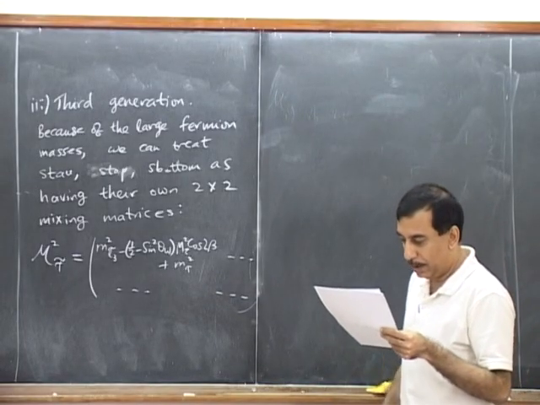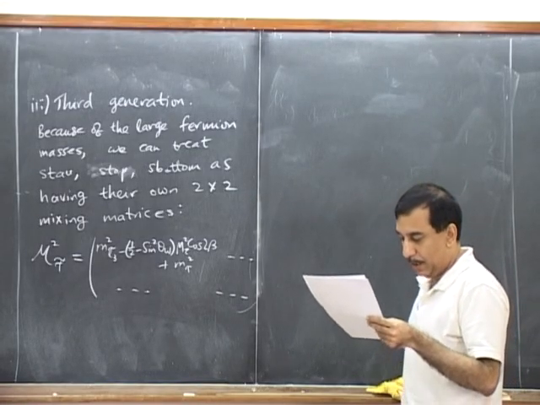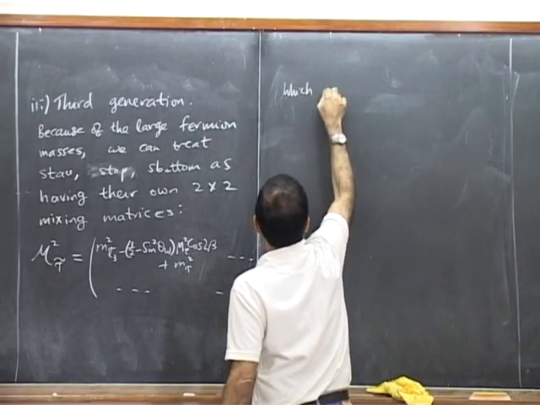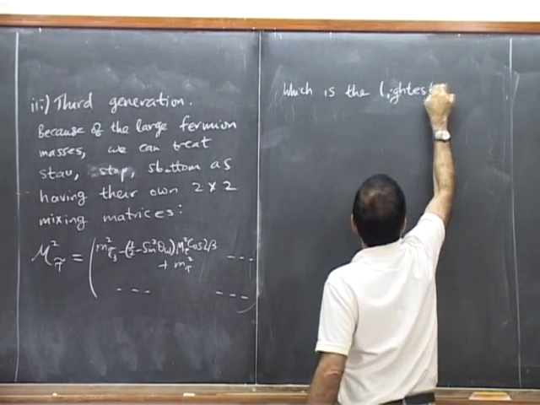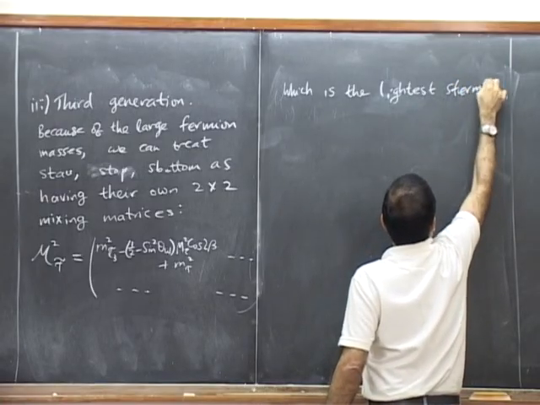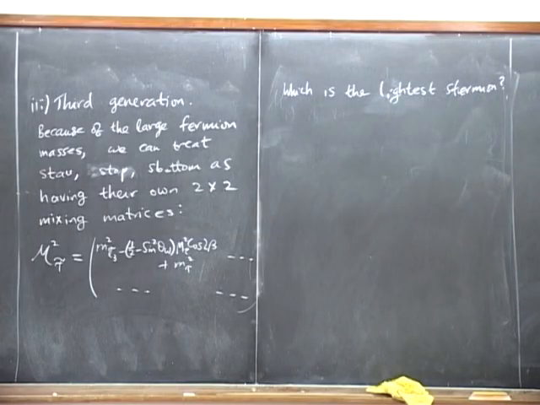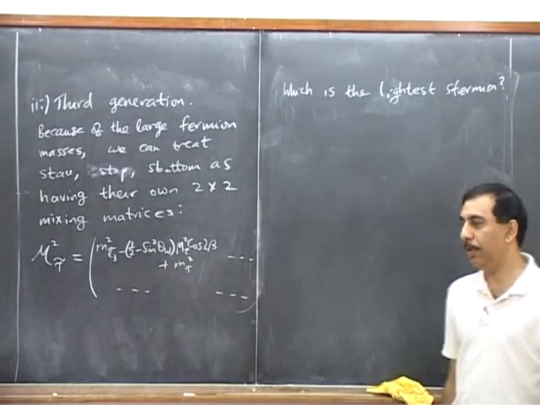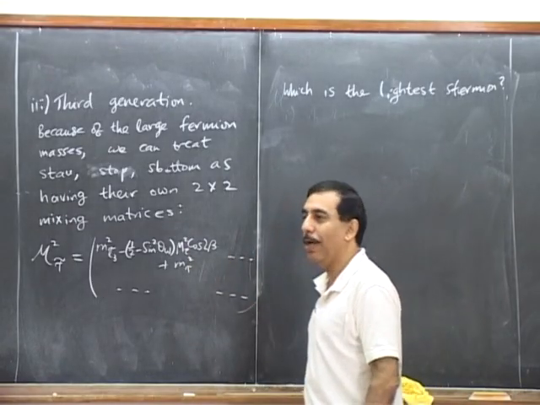Okay. Now here's a consequence of this fact. Let's ask the question, which is the lightest sfermion? This is obviously a question of direct experimental relevance, because it's the one we expect to find most easily. And the point is that if we are allowed to think of these as 2 by 2 matrices, which is true in the third generation, then it's pretty easy to see that what we need to have a lightest sfermion is of course a small eigenvalue.